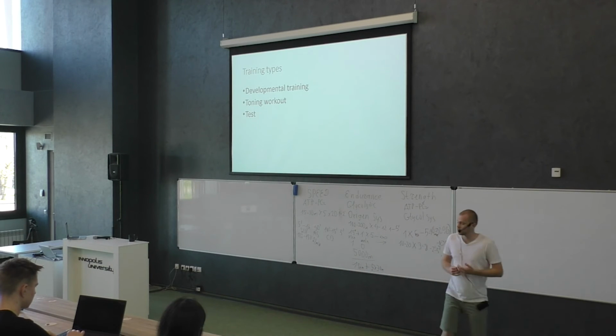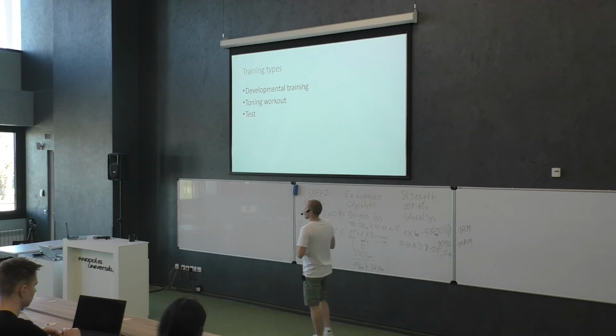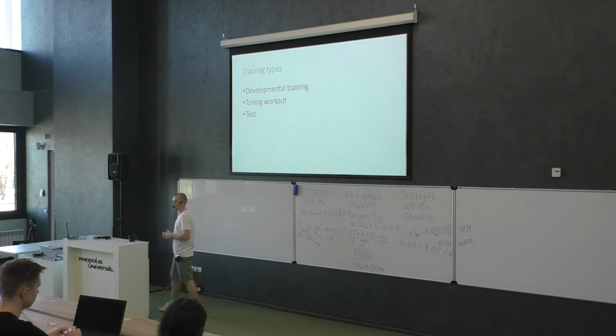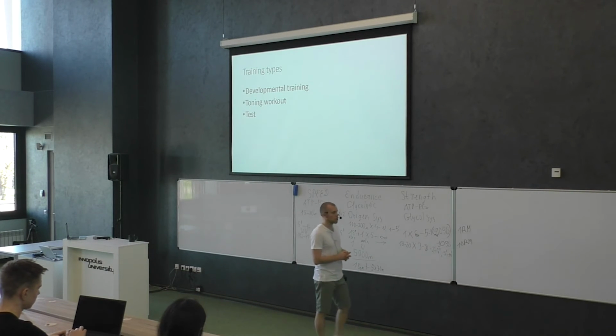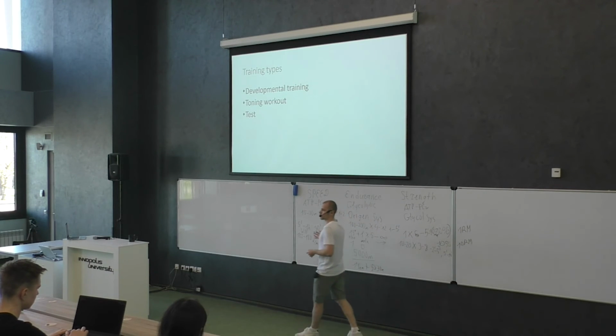And the third training type is a test. For athletes, it can be like a competition workout. For example, for runners, it can be 100 meters in competition conditions.